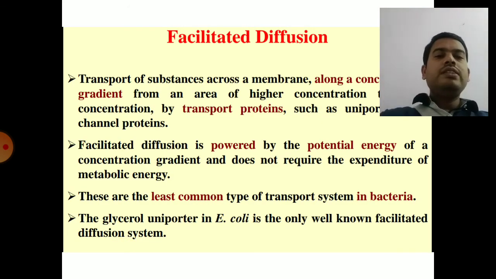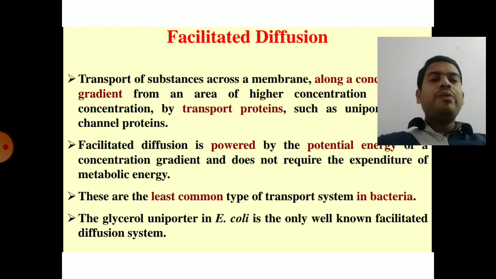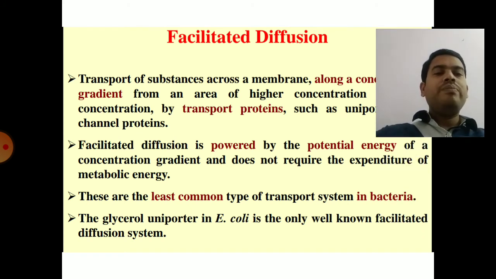So you can clearly see facilitated diffusion. It is the transport of substances across a membrane along a concentration gradient, from an area of higher concentration to lower concentration, by transport proteins such as uniporters and channel proteins. Here also the transport is from higher to lower concentration, but it is mediated by transport proteins. This type of transport system is least common in bacteria.